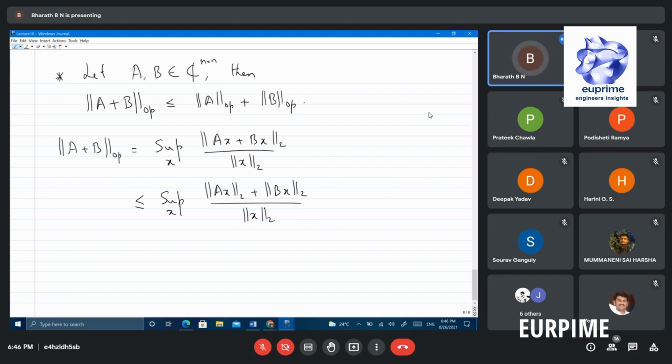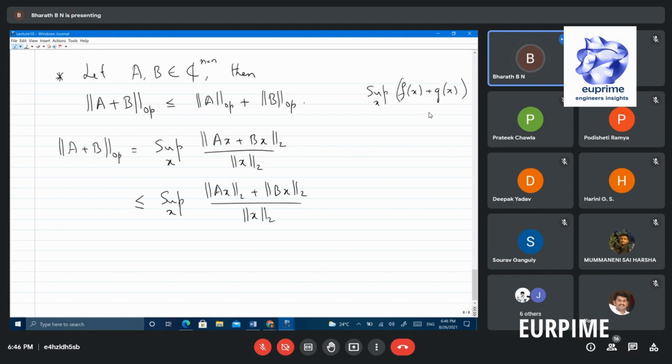So, the supremum of f of x plus g of x. Let's see. Supremum over all x of f of x plus g of x. What can you say about this? If I split the supremum, you have a function and you are looking at the maxima. You have another function and you are looking at the maxima.